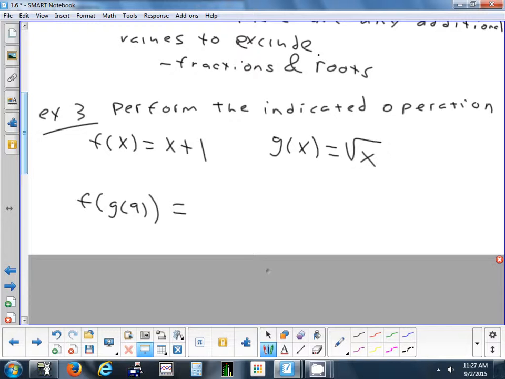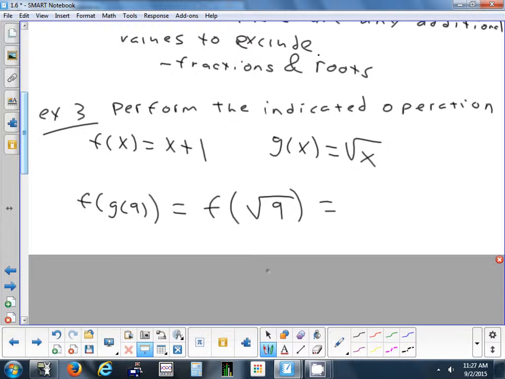Okay, first thing you're going to do is find g of 9. So for now, you're not doing anything with function f. We're just going to find what you get when you plug 9 into function g. So that's all I did. Plug 9 into function g.